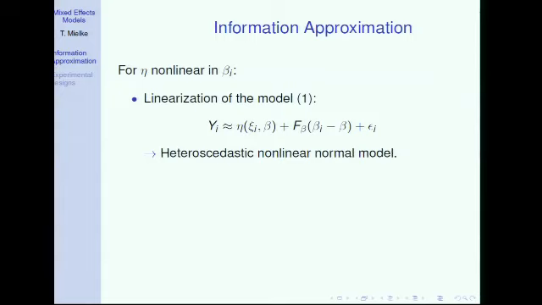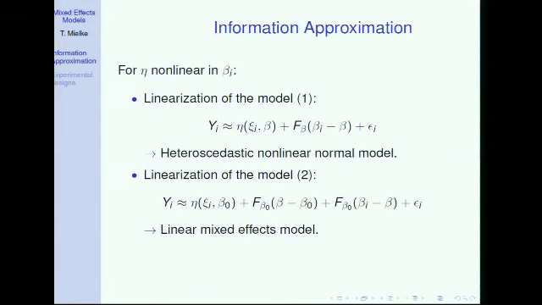So there are two approaches to solve this problem of the missing closed form representation. These are basically just linearizations of the model. The first is a linearization in the unknown but true location parameter vector beta. Then we get a nonlinear normal model when we assume that all linearization errors are negligible.